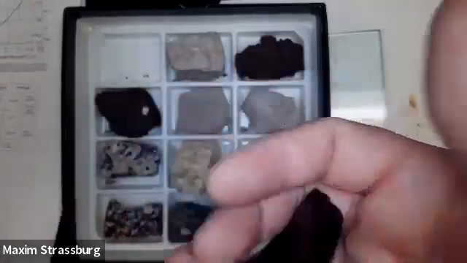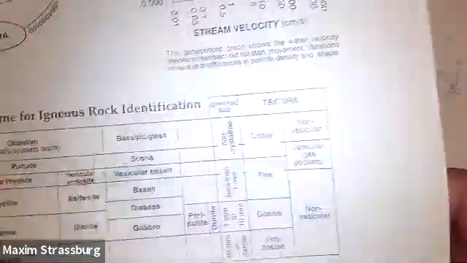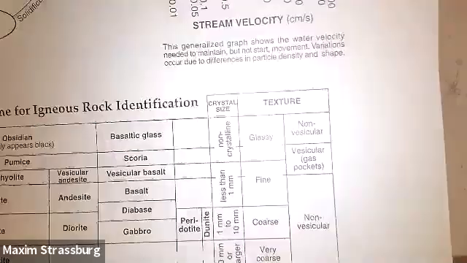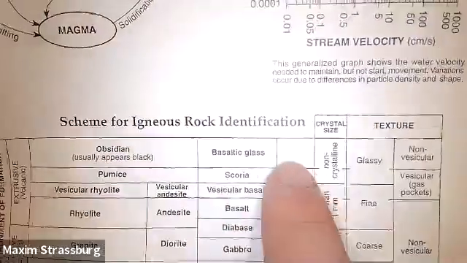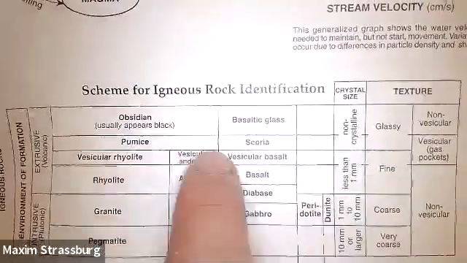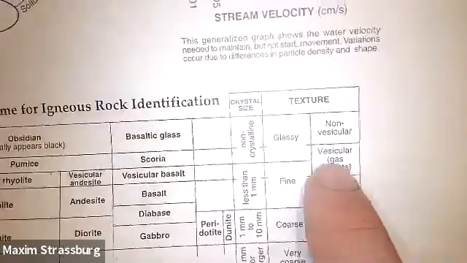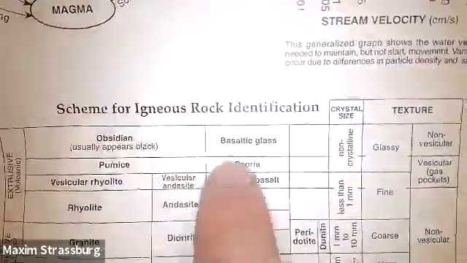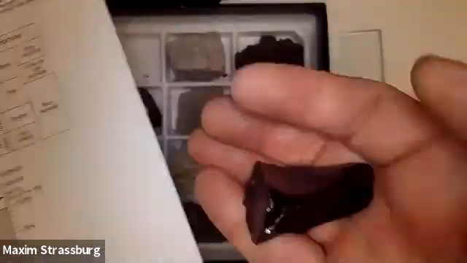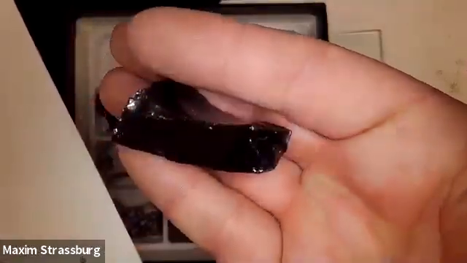And so instantly, I'm going to go back to my table and see here that I've got glassy listed as a texture. I'm going to follow that over, and I get into this space here where I've got multiple options. Now I see that vesicular gas pockets takes up the bottom part of my 4 options. And so I'm going to rule out pumice and scoria because I don't see any vesicles in this rock.